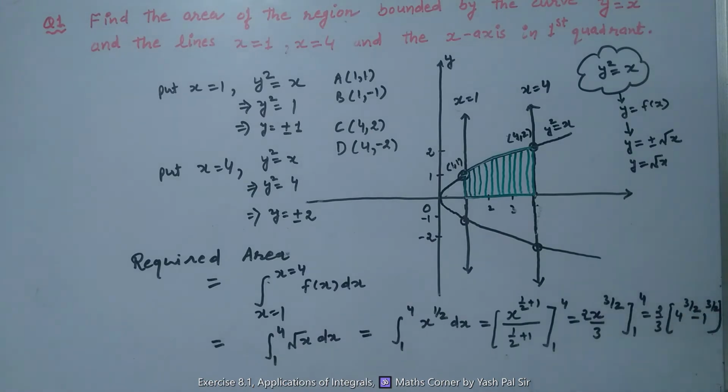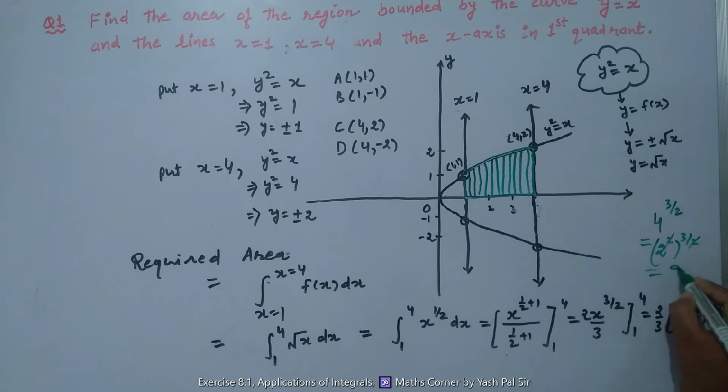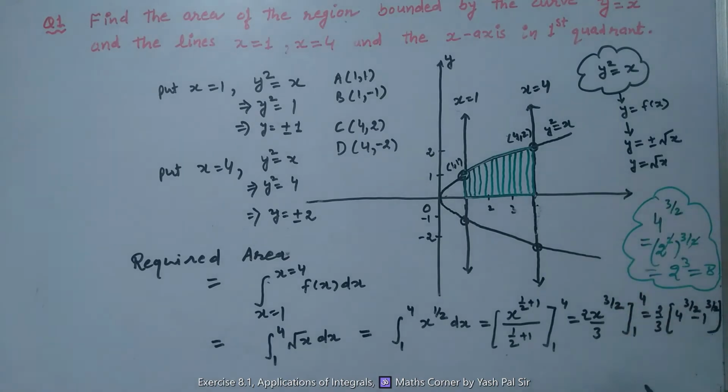Now 4 raised to power 3 by 2 means 2 square whole raised to power 3 by 2. So 2 cancelled becomes 2 raised to power 3 which is equal to 8. So this is equal to 2 by 3 is outside, 8 minus 1. 8 minus 1 means 7. 7 into 2, 14. 14 by 3 square unit is the required area.